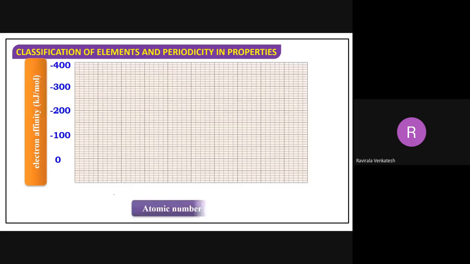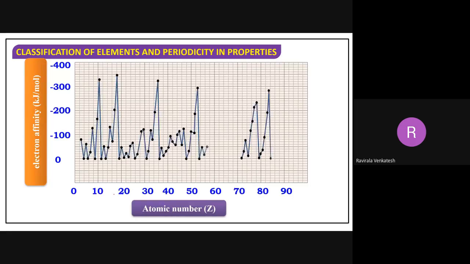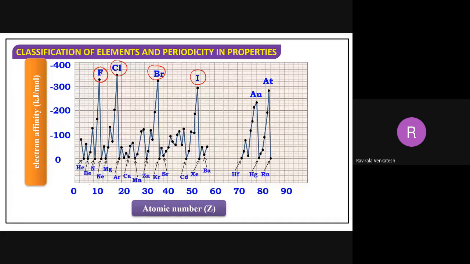In chlorine, because of large size and presence of empty d orbitals, the electron affinity value is more. Next. Now this is the order when you observe. The 17th group elements have high electron affinity values, and which group elements have very low values? Zero group elements, the very lowest.